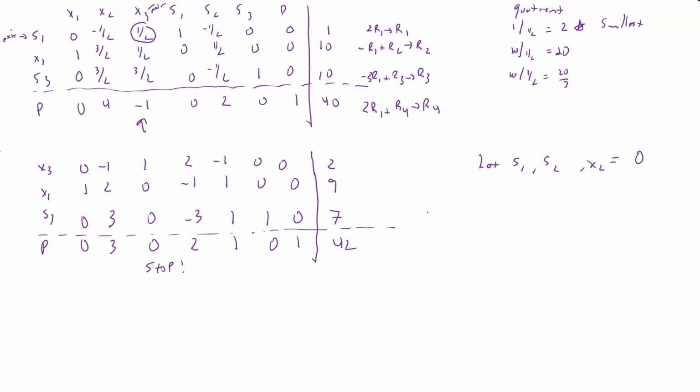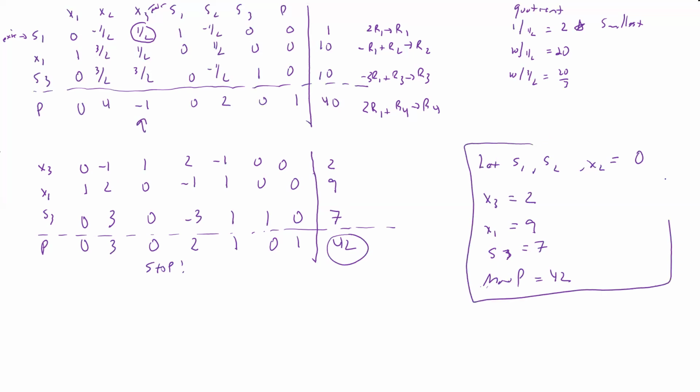So if we let those be 0, then what we end up with is X3 is equal to 2, X1 is equal to 9, S3 is equal to 7, and our max P is equal to 42 from right down here. Okay. And so those are all the values that we need for this solution. All right, so that one's finished.